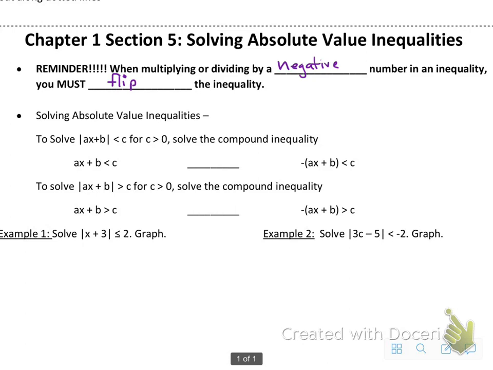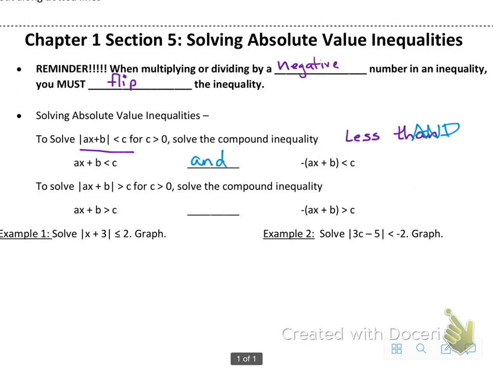Now, to solve absolute value inequalities, if it's less than, you solve the compound inequality where there's the positive and the negative, but because it's less than, we're going to say that this is "and." That's how I want you to remember it: less than, so the sign in between is going to be "and."